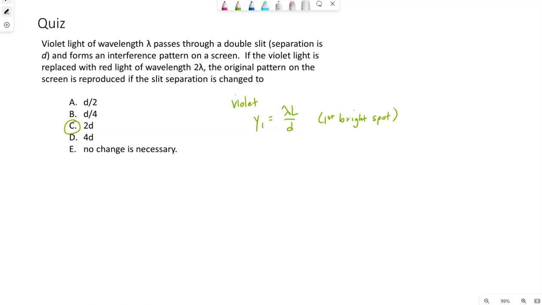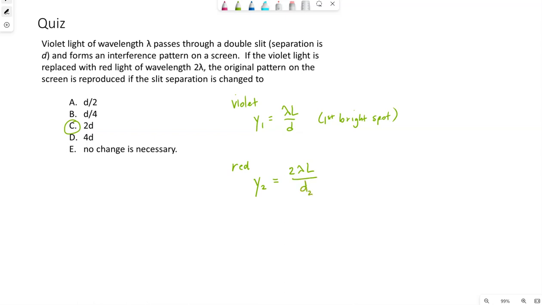There would be a certain value of y2, y3, y4. I'm just choosing a simple one to talk about. We're going to replace this violet light with red light, which has twice the wavelength.